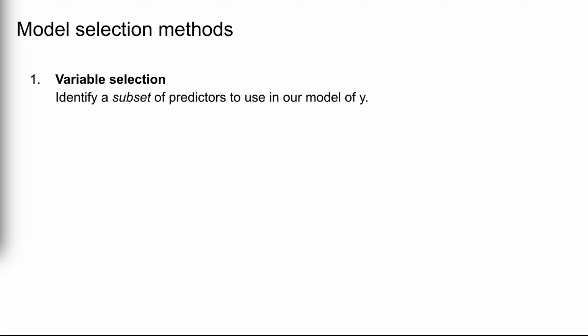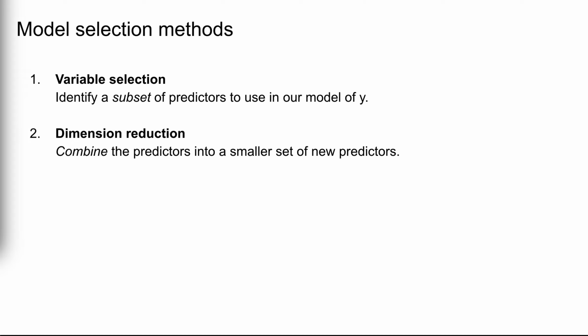There are 3 general model selection techniques that can help us out here. We've already discussed the first of these, variable selection, which identifies a subset of predictors to use in our model of y. The second, which we'll discuss later this semester, is dimension reduction. The idea here is to obtain a smaller set of new predictors, not by kicking out any of our original predictors, but by combining them into a smaller set of predictors.